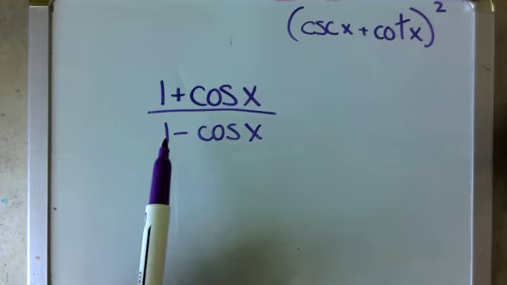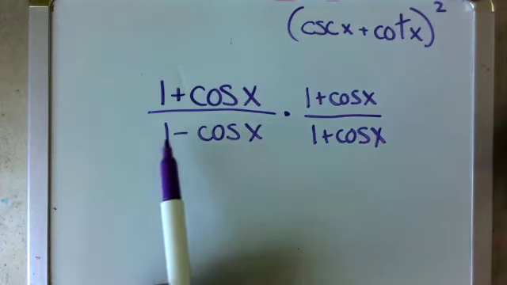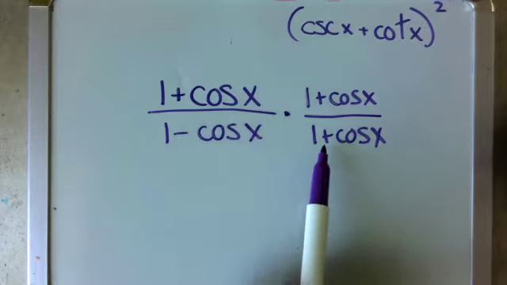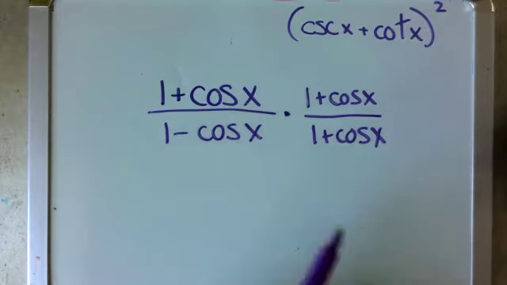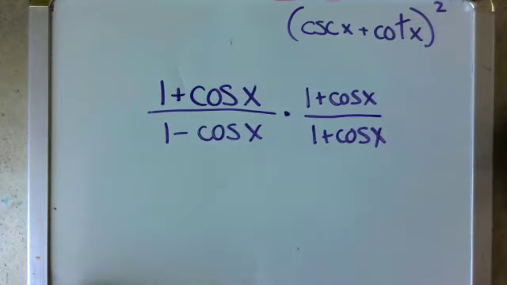When I see 1 minus cos x, it occurs to me that if I multiply top and bottom by the conjugate, meaning there's a minus between these two terms, so if I put a plus between those two terms, then I'm going to make my middle term disappear.